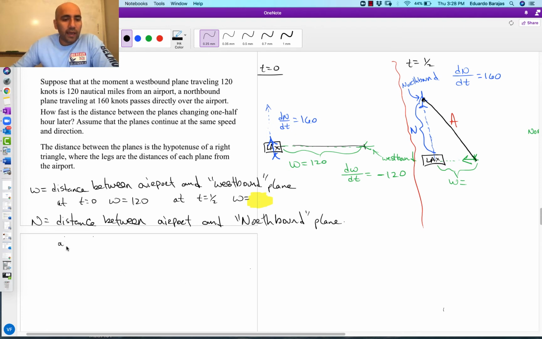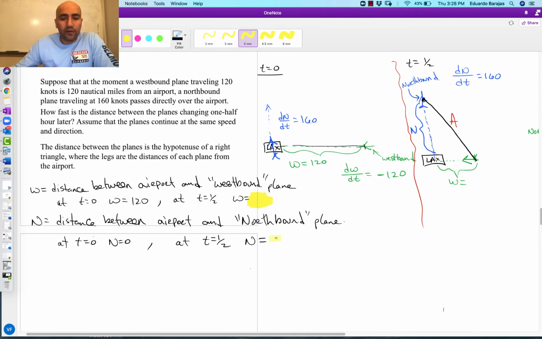Again, at t equals 0, N is equal to 0 because it's right over the airport, so it hasn't traveled anywhere. The distance between the airplane and the airport is 0 at that point. And at t equals 1/2, it's traveled a little bit, so we'll have a value for N at that point, again, to be determined. We'll figure that out in a second.